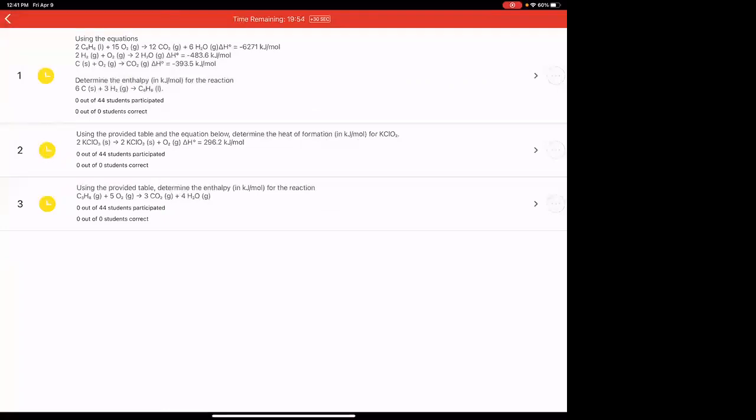So you can pick any of the three. Number one's a good old standard Hess's Law problem if you want to try that. And then 2 and 3 are more like what we just did here in example 2.